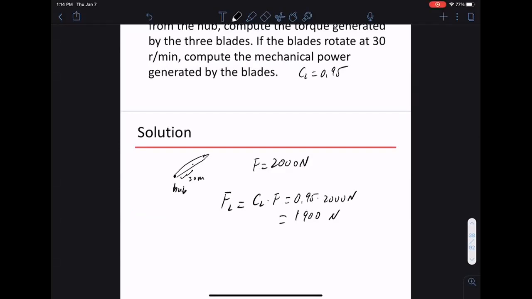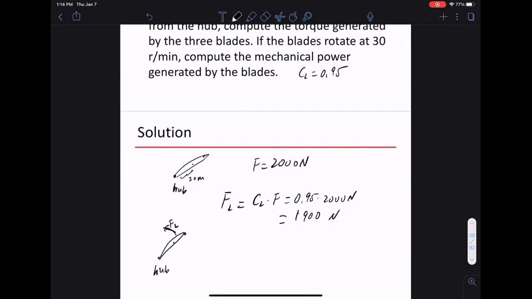Then how much torque do I have? If this is a force, I have a hub, I have some blade, and I have a force that's turning the blade. How much torque do I get out of this?